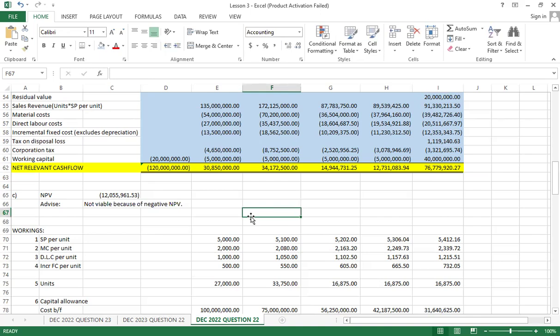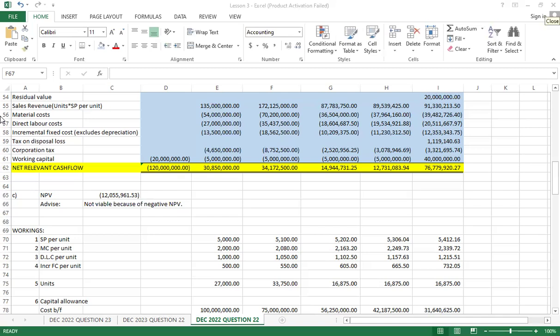Who has a question? I have a question. Yes, Meshak. Maybe if you can go back to that formula for the NPV. I'm having mine here and I'm getting a different answer.